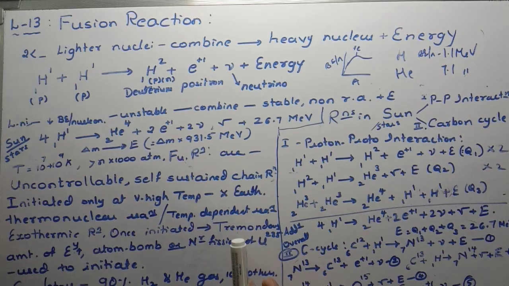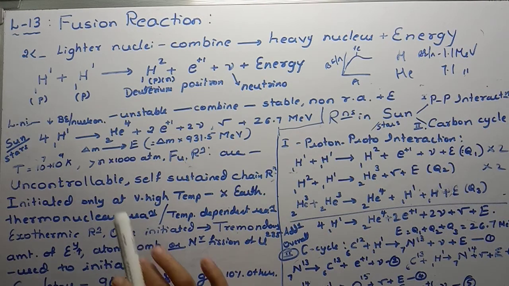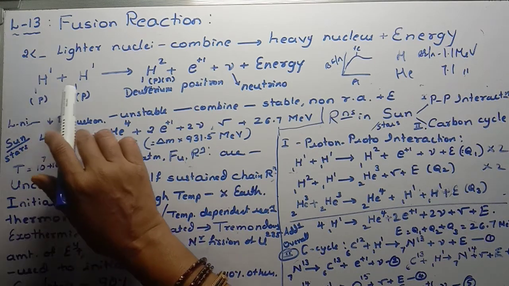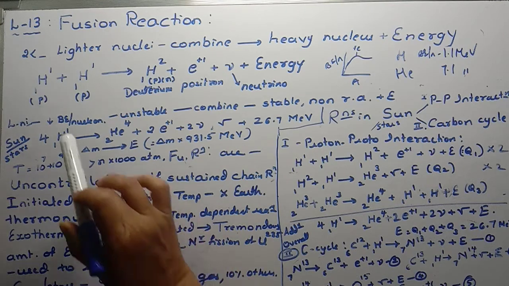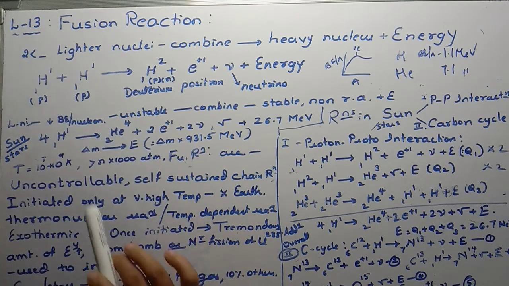Okay, so now the difficulty is that the lighter nuclei have lower binding energy. That means the kinetic energy or the energy content of the lighter element is very low. In order to make them react, there is a repulsion between the two hydrogen nuclei, because the nuclei are positively charged.